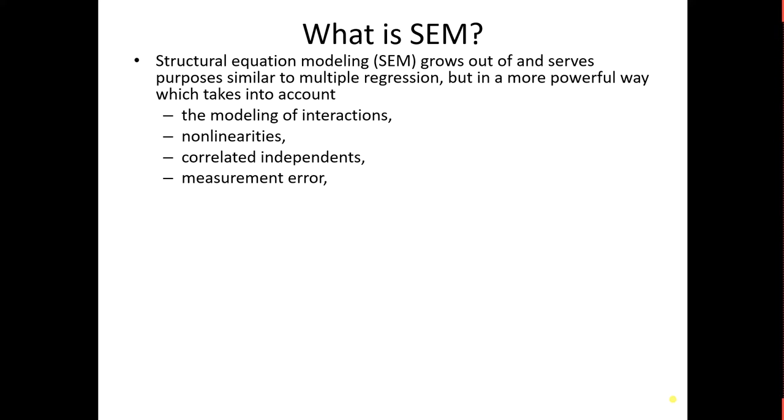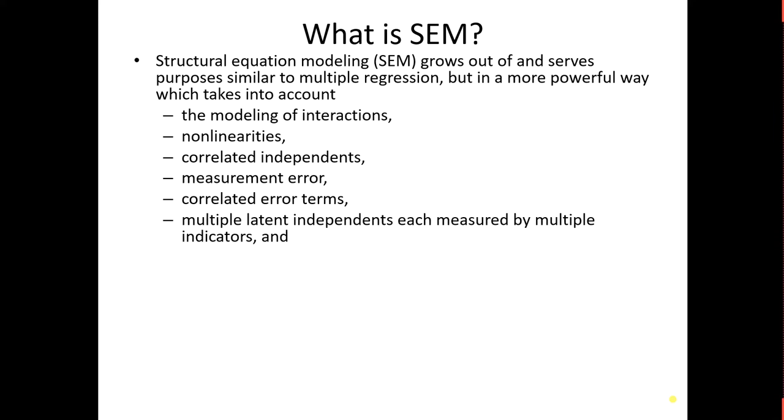These measurement errors are generally not taken into account very explicitly in multiple regression analysis, but they can be modeled and estimated in structural equation models. Similarly, correlated error terms: if a few of the error terms are likely to be correlated with each other, we can allow the errors to covary together and then test the model.